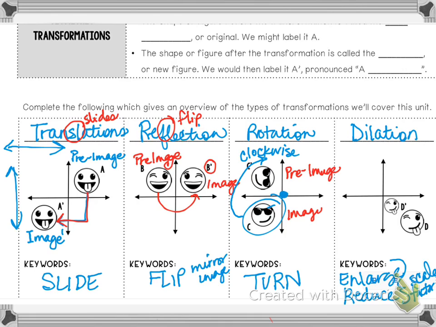Hopefully you have more room than me. Okay, so it looks like the pre-image is the bigger one, and it shrunk or reduced inside to create the new image. So there was a reduction in size.